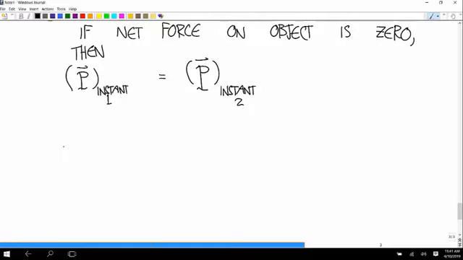So first I'll talk about the impulse momentum equation.